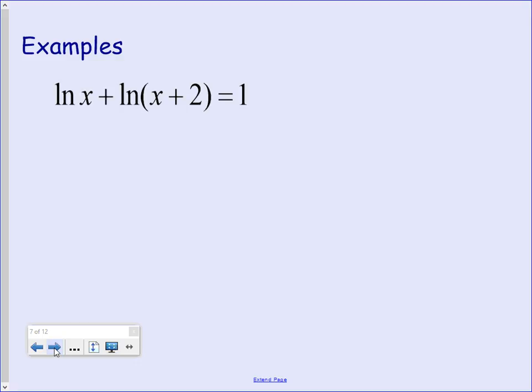What if I give you natural log x plus natural log x plus 2 equals 1? Take a little time. Try to get somewhere with that. And feel free to crowdsource in your groups.